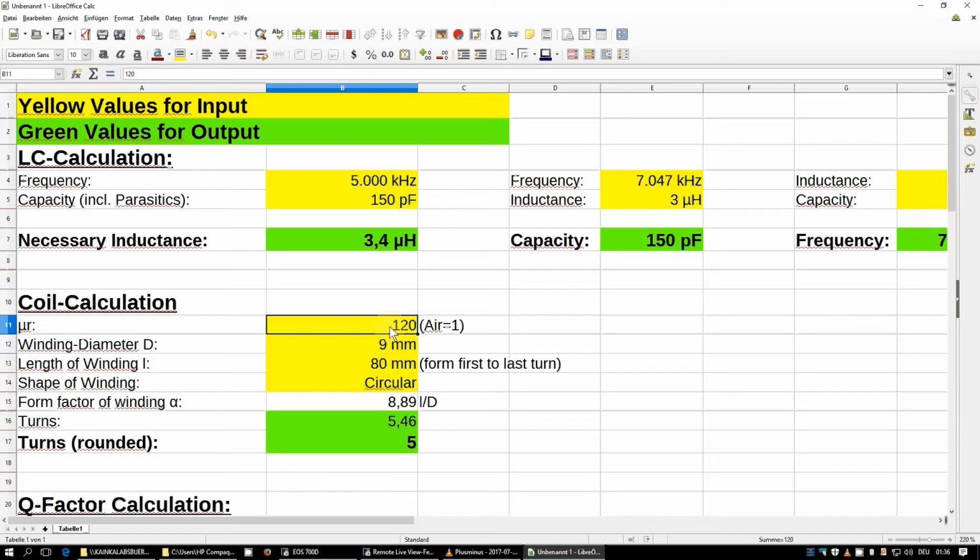First of all, because our solenoid coil hovers 1 millimeter above the Ferrite-Rod, this further influences the μr.